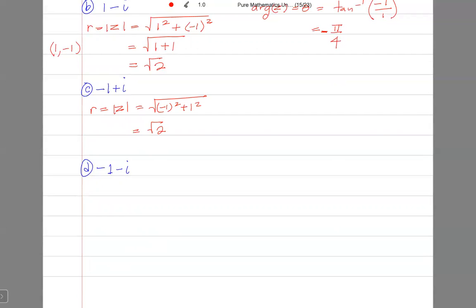Now, minus 1, 1 is in the second quadrant, so the argument of z is equal to pi plus tan inverse of 1 over minus 1. Now, tan inverse of 1 over minus 1 is going to give you minus pi by 4. So this is pi minus pi by 4, and this is equal to 3 pi by 4.